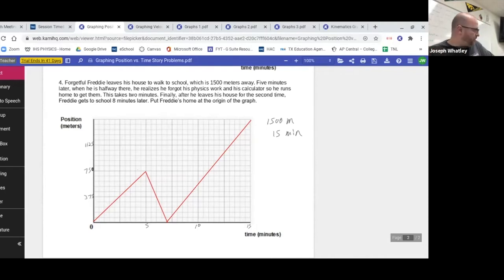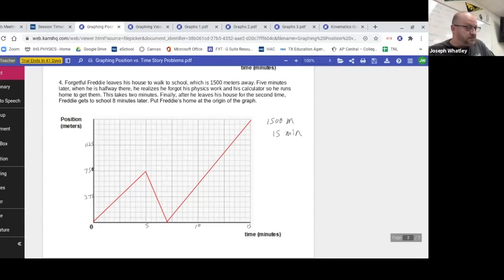So when we go back over to graph 4, question 1, it says, what is Freddie's average velocity for the entire trip? Well, his velocity was based on 1,500 meters displacement divided by 15 minutes, giving him 100 meters per minute average velocity.